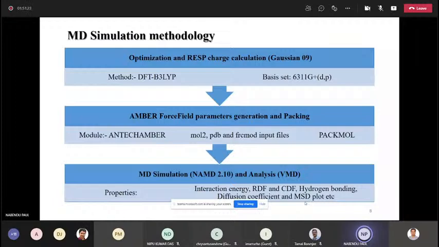After packing, we get the packed system box, on which we do MD simulation in NAMD 2.1. After minimization, heating, equilibration, and production run, we get the final trajectories, from which we calculate the properties: interaction energy, RDF (radial distribution function), combined distribution function, hydrogen bond, diffusion coefficient, and MSD plots, etc.